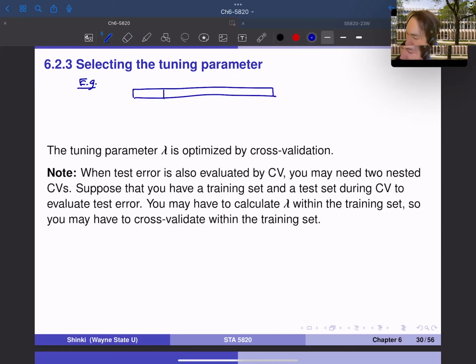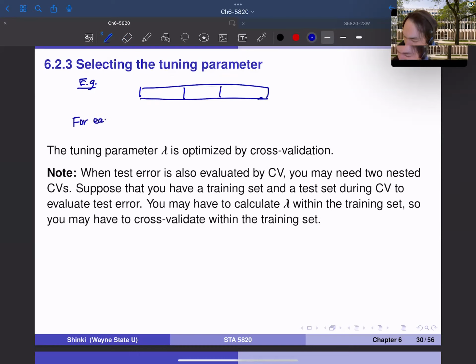And we split this into several pieces, maybe just for simplicity, 3. And we can use cross-validation to optimize lambda.